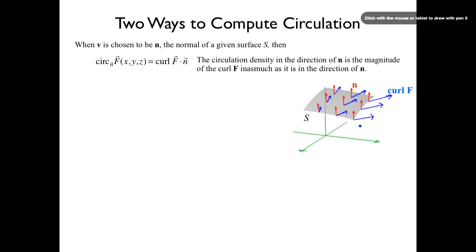How is it spinning? Right? Coming a little bit out at us and to the right. So the spinning, or the turning, is this way.